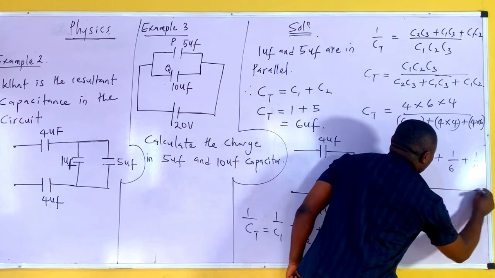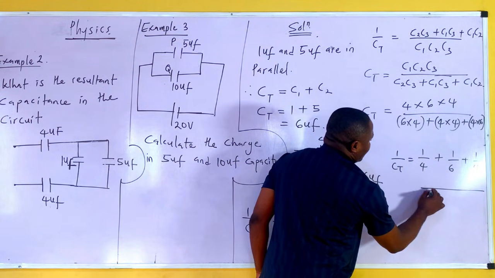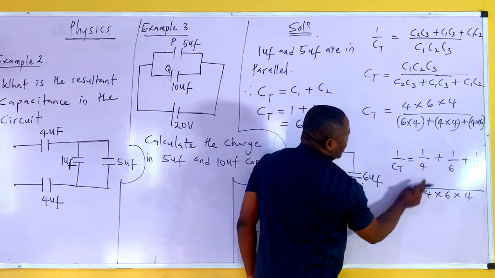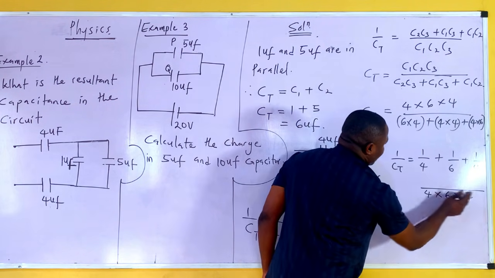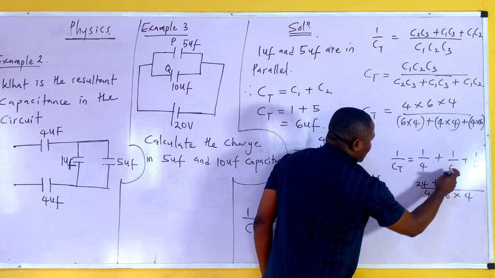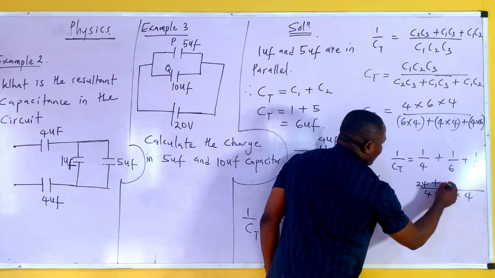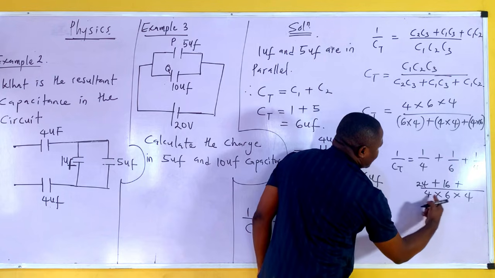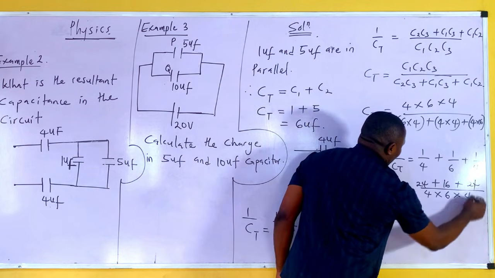Then LCM, you can say LCM is 4 times 6 times 4. So this cancels this, I have 6 times 4, which is now 24, plus this cancels this, I have 4 times 4, which is 16, plus this cancels this, I have 6 times 4, which is 24.